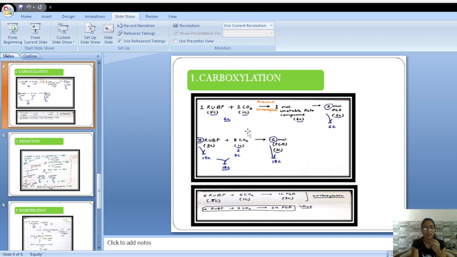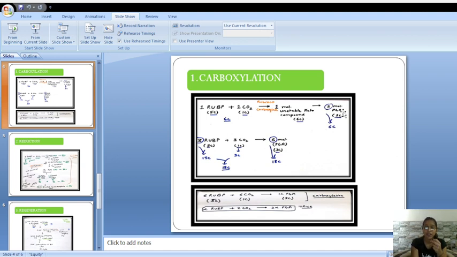We have to balance the carbon, and nothing else. On the right side, if I am taking one molecule of RuBP and one molecule of CO2, what should I get? I should get 6 carbon, right? 5 from RuBP, 1 from CO2. So the total number of carbon that I should obtain is 6 carbon. So two molecules of PGA are formed. PGA is a 3 carbon compound.